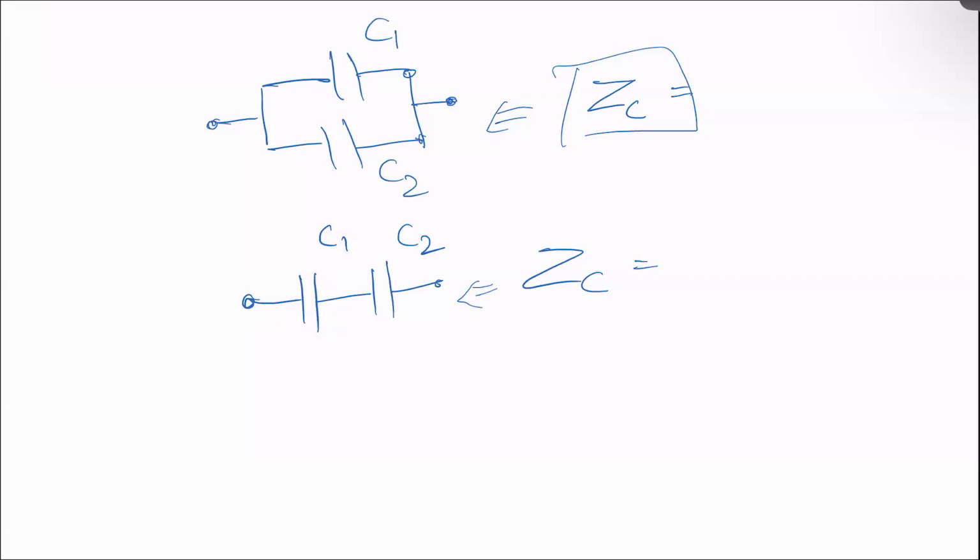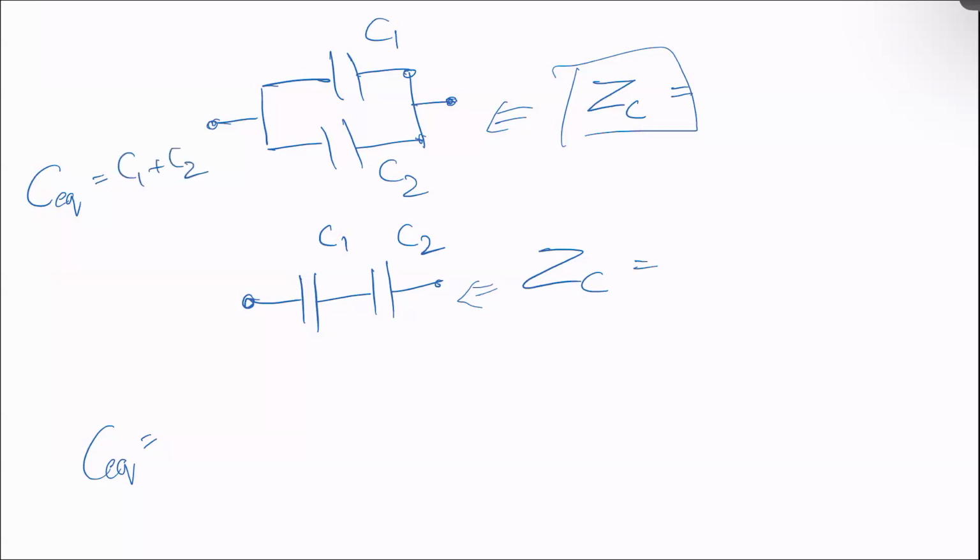I know you combine them and do an equivalent capacitance, but I don't know what you do beyond that. What is the equivalent capacitance for this circuit? I want to say C1 plus C2 for the top one.